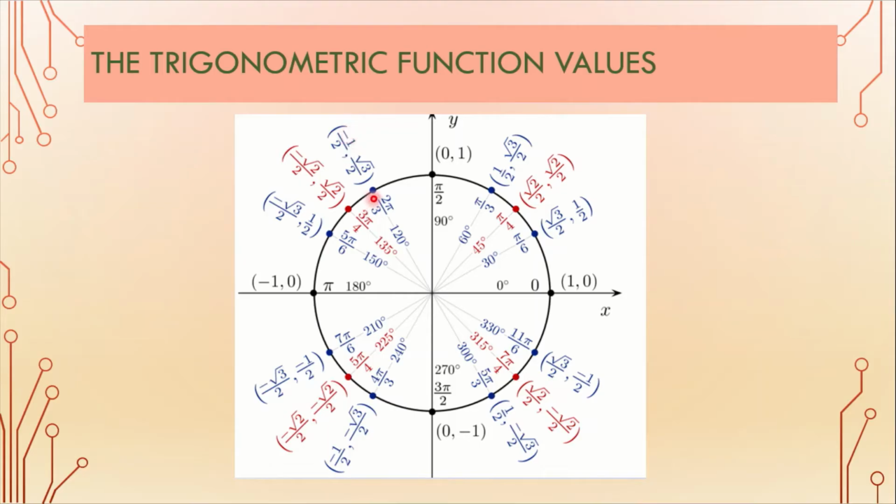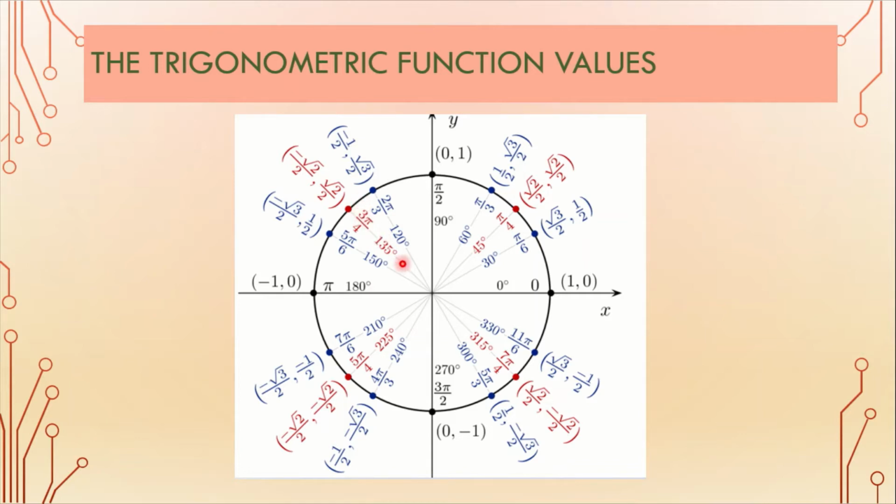Well, definitely, if you draw a vertical line along the x-axis, you will notice that the value will fall at negative 1/2. And if you draw a horizontal line joining the point and the y-axis, you will notice that the value will be approximately equal to square root of 3 all over 2.